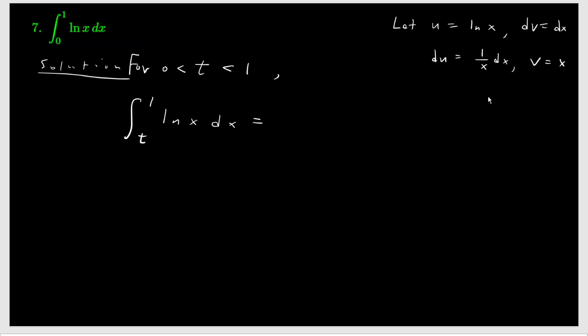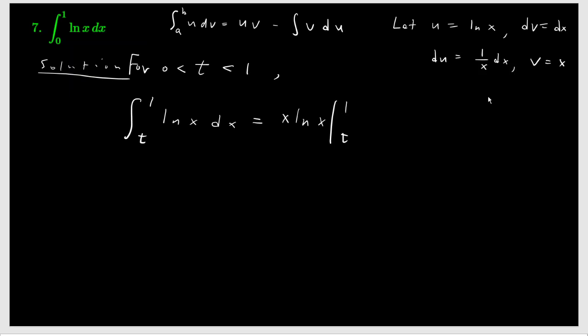Here you have uv, u times v. In this particular case, you have x times natural log of x. So do not forget to evaluate that function from t to 1. Again, I'm talking about integration by parts for the definite integral. The general formula is something like this. From a to b, if you have the form u dv, it's computed using uv minus the integral of v du.